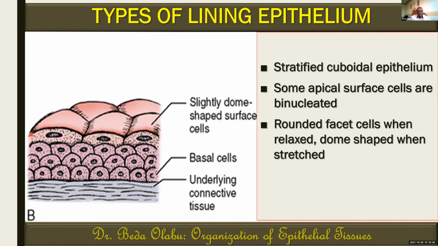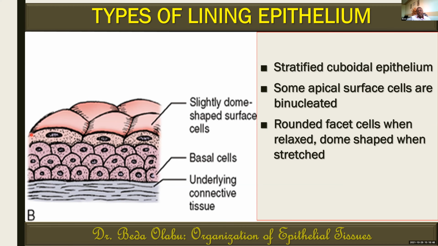This type of epithelium, therefore, changes a lot, on two perspectives you've seen. The number of cell layers changes. Sometimes the number is more, sometimes the number is less, depending on whether the epithelium is not stretched or stretched.